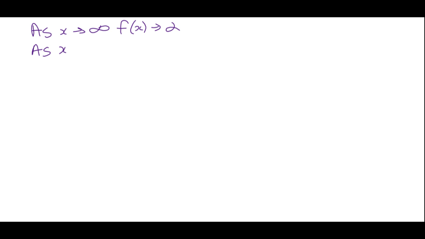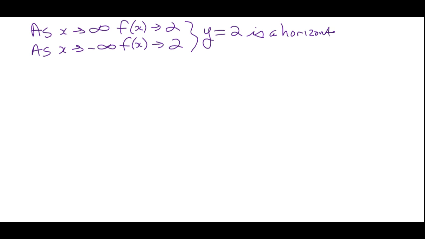As x approaches negative infinity, f of x approaches 2. So y equals 2 is a horizontal asymptote. And the graph.